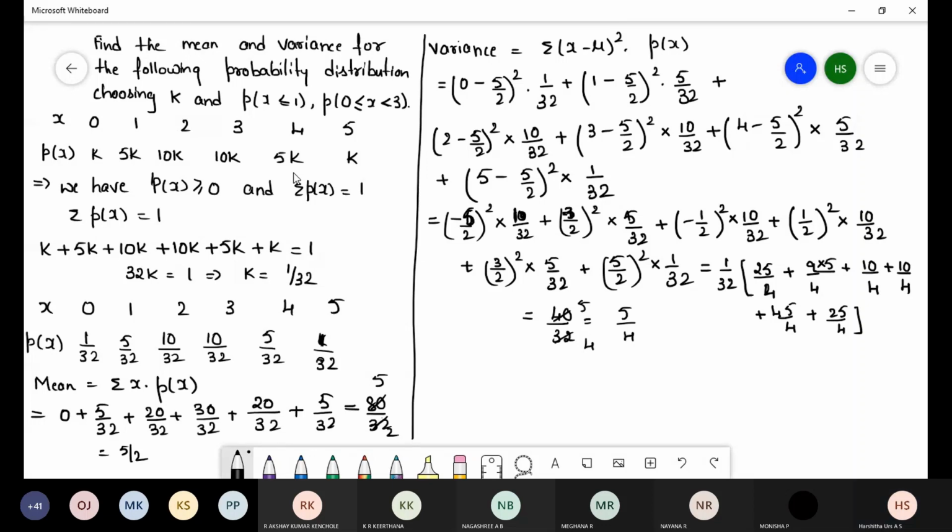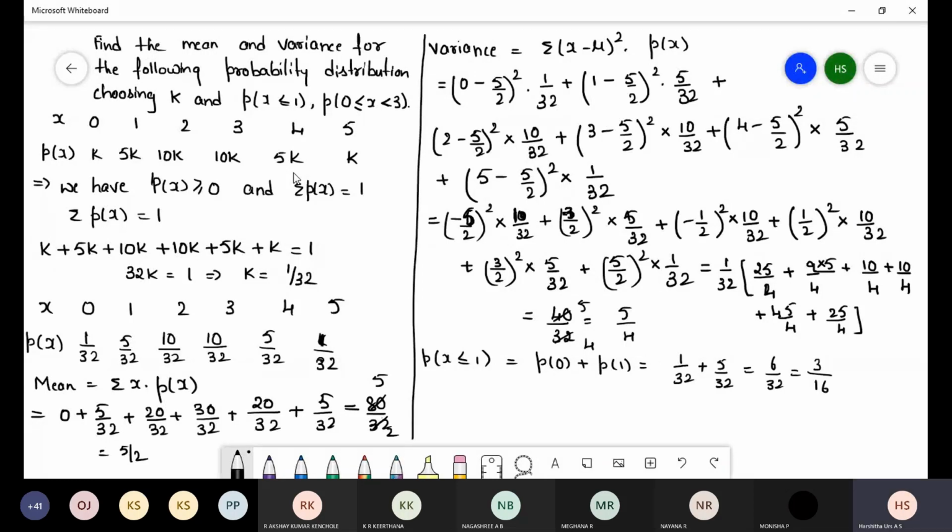Next, P of x less than or equal to 1. That is P of 0 plus P of 1, so 1 by 32 plus 5 by 32. We get 6 by 32, which we can write as 3 by 16.